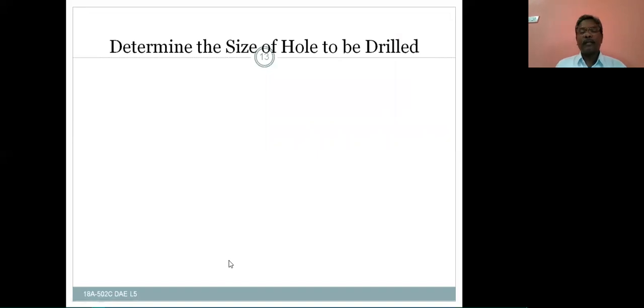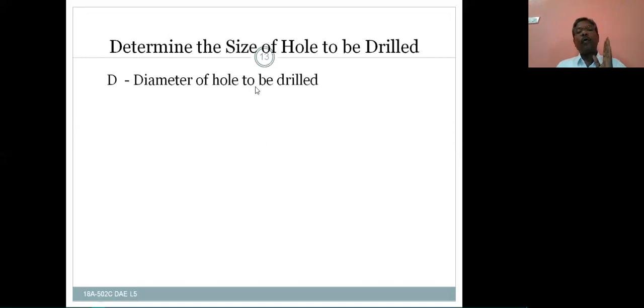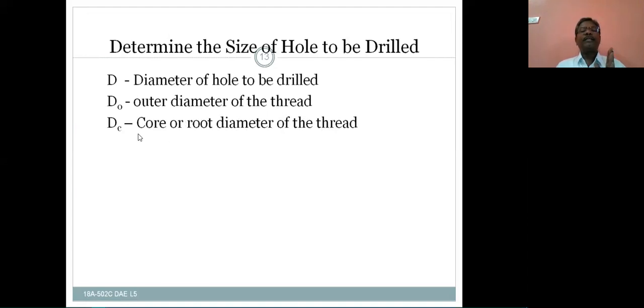So how to determine the hole diameter? In the second method, we discussed drilling an axial hole through the head up to the threaded portion. But what may be the diameter of this hole? As we have discussed, the shank area must be equal to the root area. So let D be the diameter of the hole to be drilled, DO the outer or nominal diameter of the thread, and DC the core or root diameter of the thread.